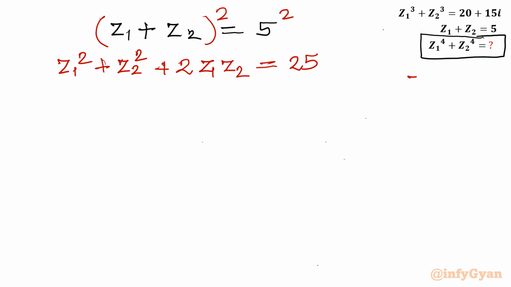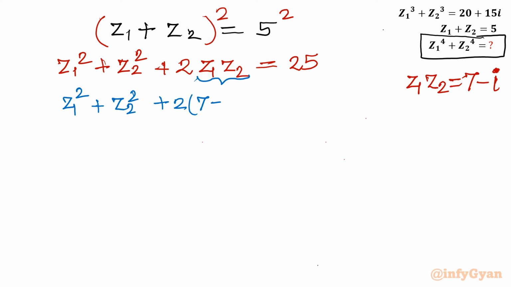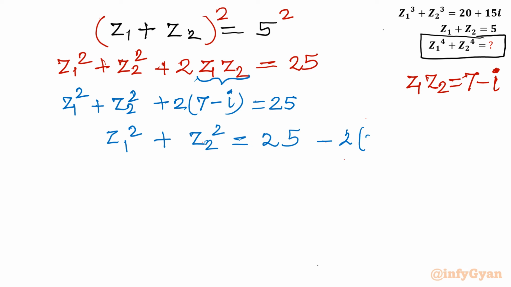Now z1 times z2, which we calculated in the previous slide, is 7 minus i, so straight away I can put 7 minus i in the place of z1 z2. So this will become z1 square plus z2 square plus 2 times 7 minus i equal to 25. So from here we can write z1 square plus z2 square equal to 25 minus 2 times 7 minus i.